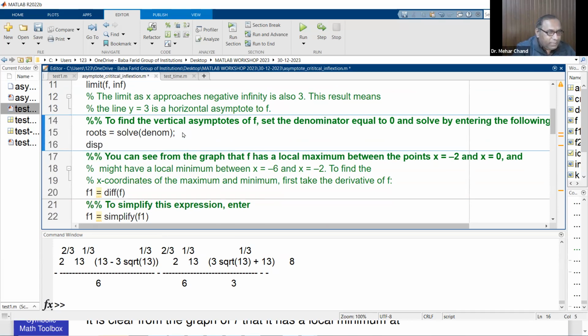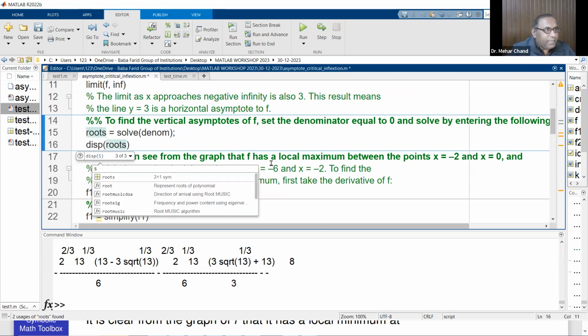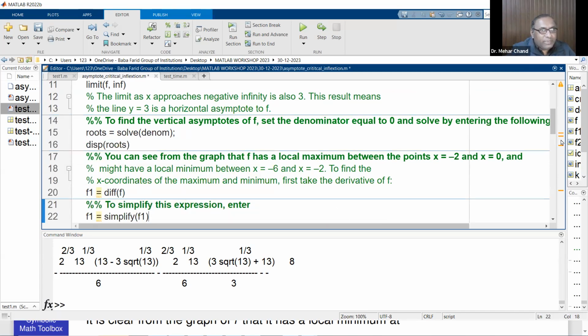You will use the display function for the roots. Again, you can see now one warning is reduced. You can reduce one more warning by using a semicolon at this place. This warning has also been removed.